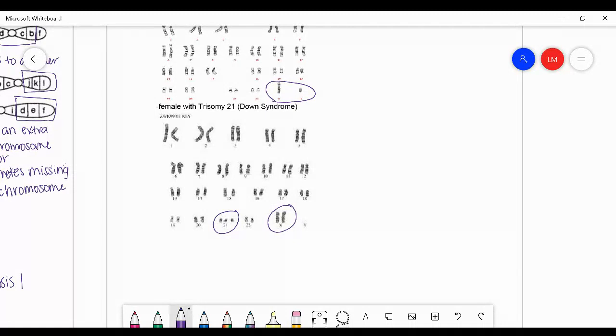And most of the time you would hear this called Down syndrome, but trisomy 21 is the more specific way to say it because it lets us know where the mutation is and how many there are. And we will look more at karyotypes and these genetic disorders in class this week.